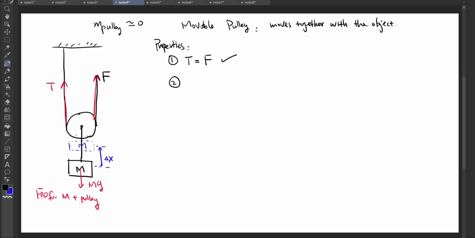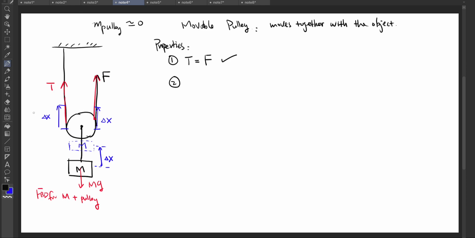Because the pulley will move up parallelly in its vertical direction, so it will shorten the left string by this delta x amount. Okay, and the right side is also shortened by this delta x. Okay, they both go upward.